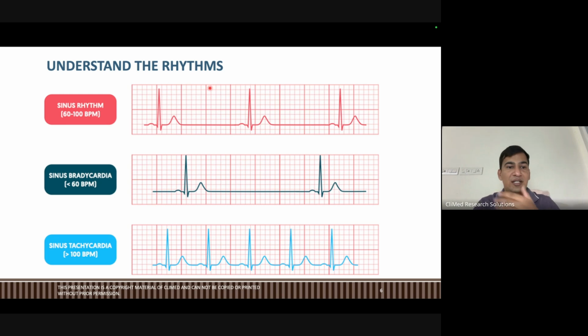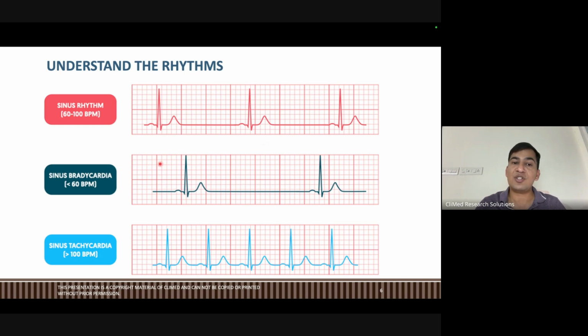So you can understand here easily, sinus rhythm is normal, 60 to 100 beats per minute. Sinus bradycardia is less than 60 beats per minute, and sinus tachycardia is more than 100 beats per minute.